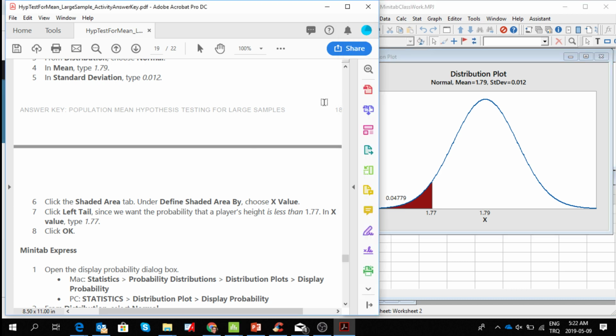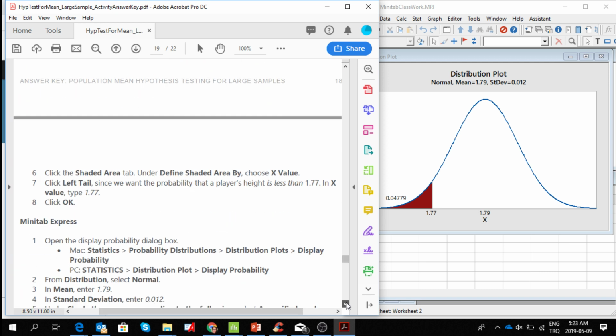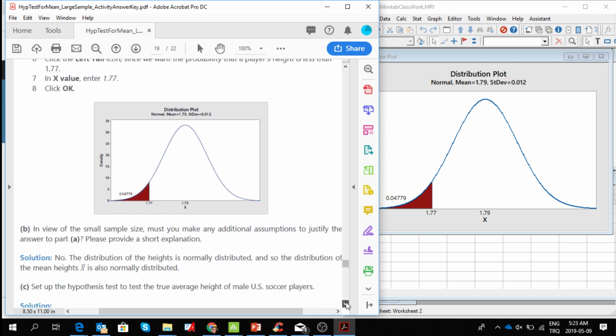So this is almost exactly the same result that we get when we do this by hand. It's almost equal. Okay, so let's continue with other questions in this problem.